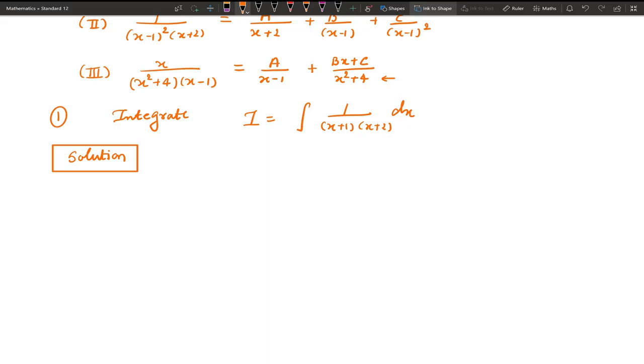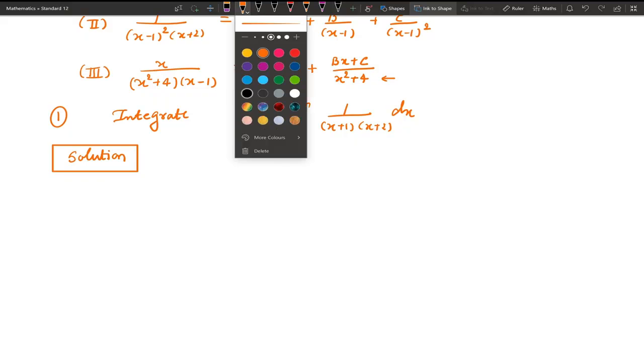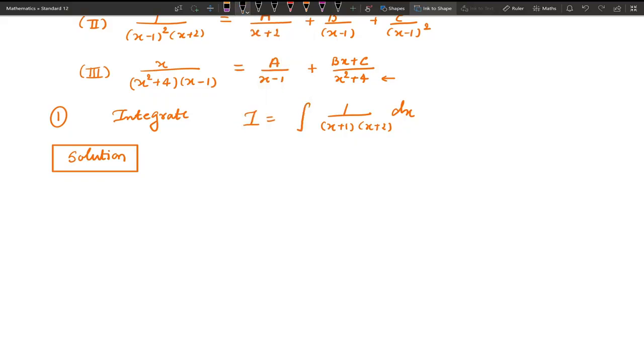Here you can observe in denominator we have factors which are linear and non-repeated. So for that one, let 1 upon x plus 1 times x plus 2 equal to a upon x plus 1 plus b upon x plus 2, where a and b are constants to be determined.